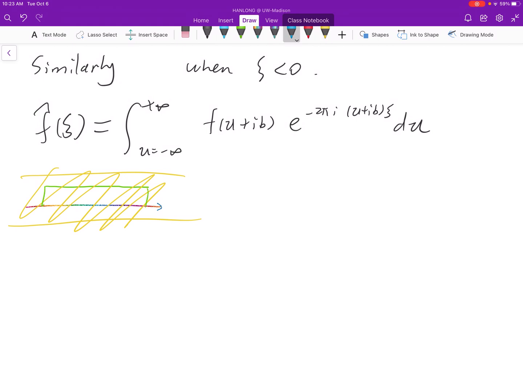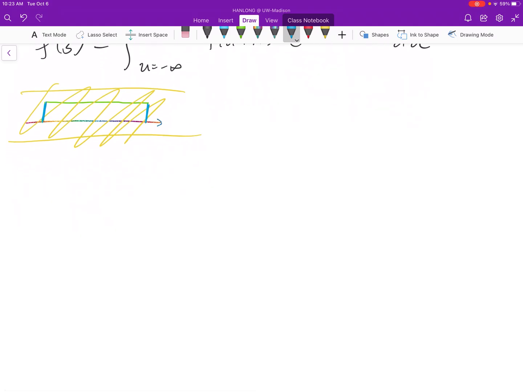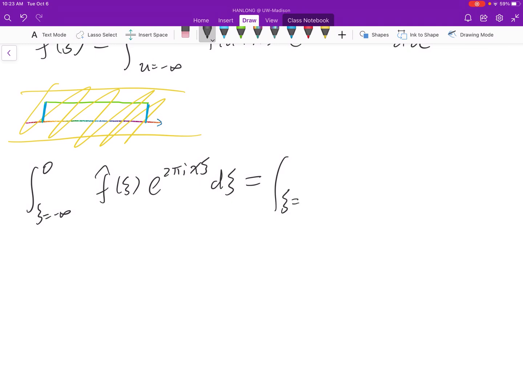So the horizontal lines vanish because of the decay and the sign of c. Then, if you do the integration from negative infinity to 0 of f hat c exponential 2 pi i x c dc, similarly, you just write it out and exchange the order of integration.